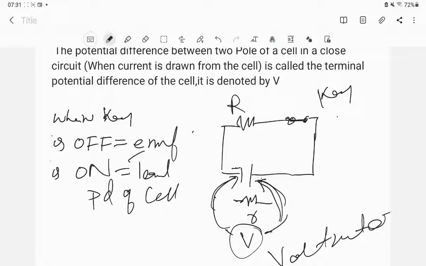So when we use it, that means we switch on, the potential should drop, right, as soon as we switch on, because current is flowing. The terminal potential difference of a cell is always less than its EMF, right? Okay.